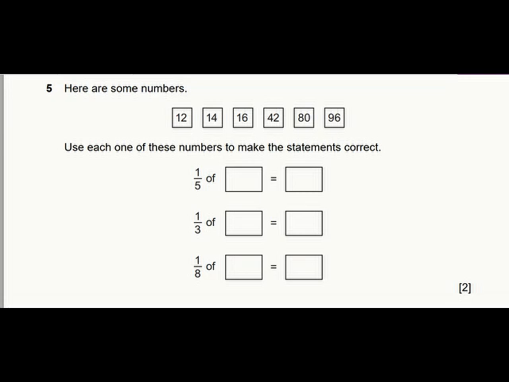I just cannot go 1/5 of 42 and then start doing multiplications, because it will be time consuming, and even if I am very fast at these kinds of calculations, it is going to be too long.